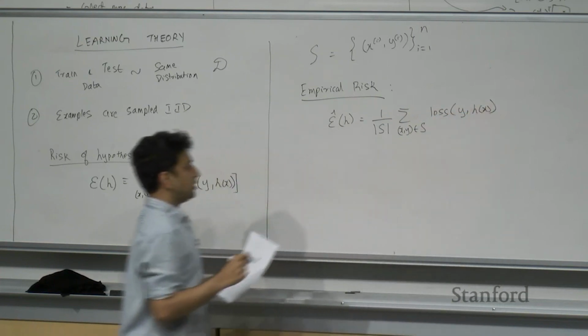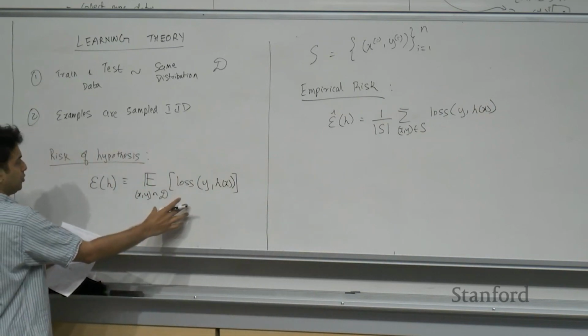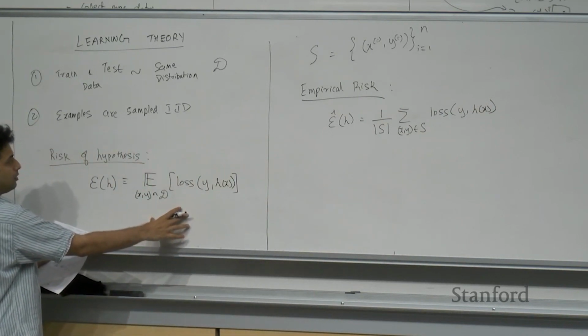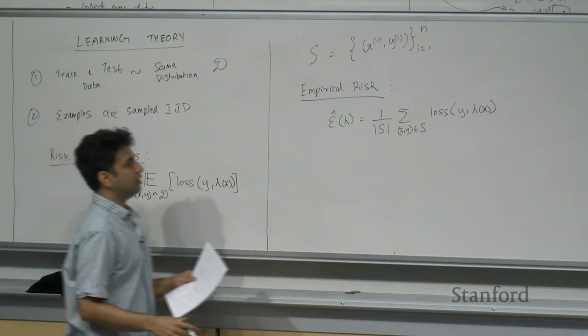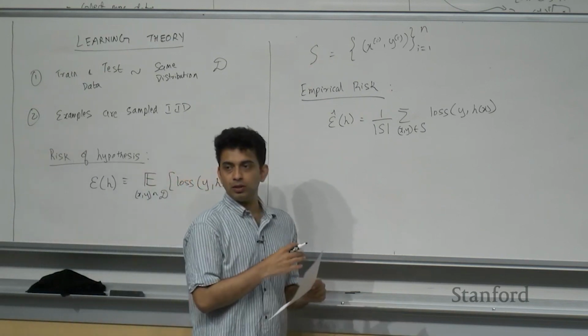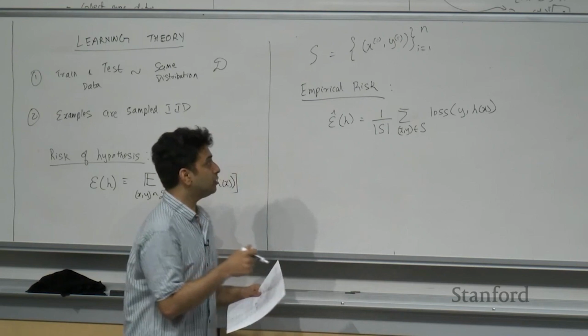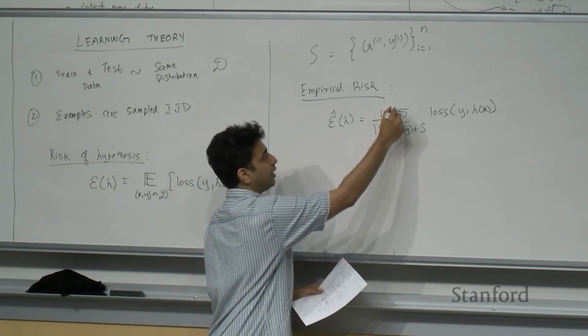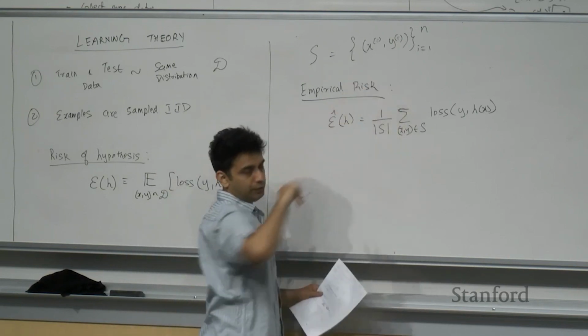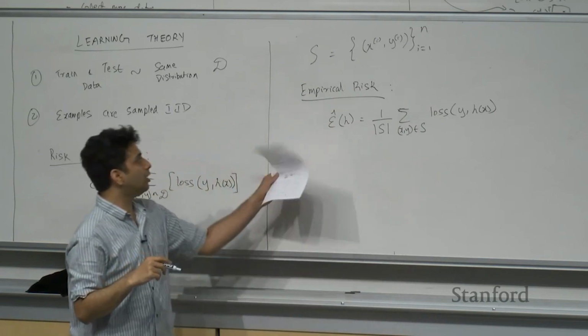Right? It's very similar to the risk definition, except instead of taking a full expectation over the entire data generating distribution, we just limit ourselves to taking an average over the training set that we have. And this is called empirical risk.